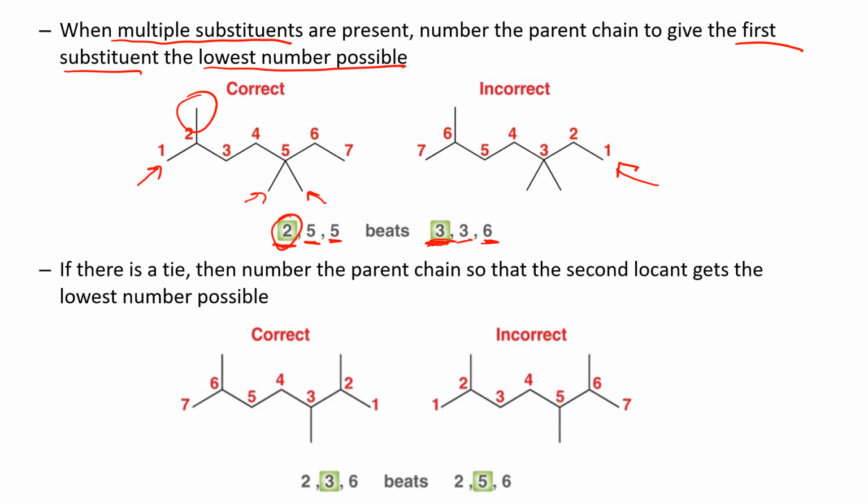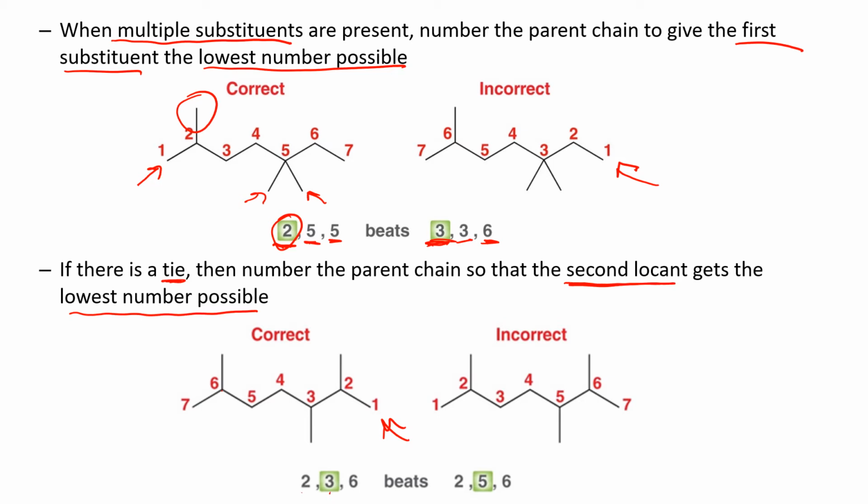Now, if you've got a tie where the first substituent gets the same number with 2 options, then we just go to the second substituent. We want to put the second locant on the lowest possible number. So for example, if we have a 7 carbon chain, and if I start numbering from the right, that gives me my first substituent at a 2, second substituent at a 3, third substituent at a 6.